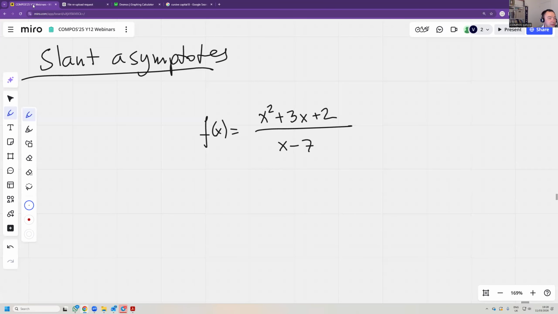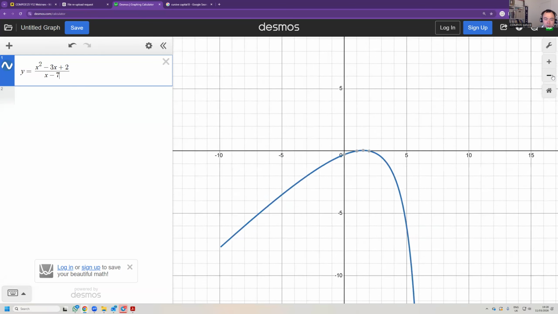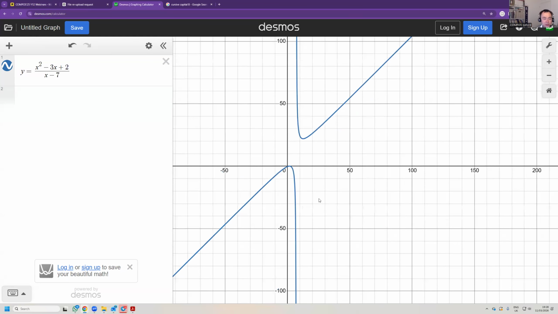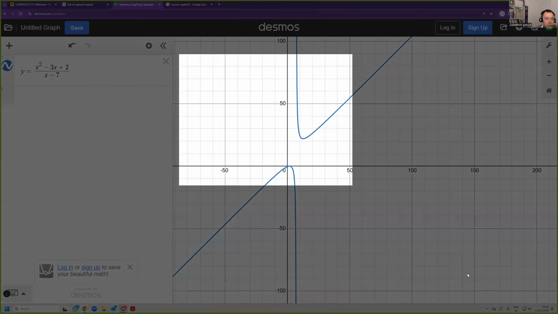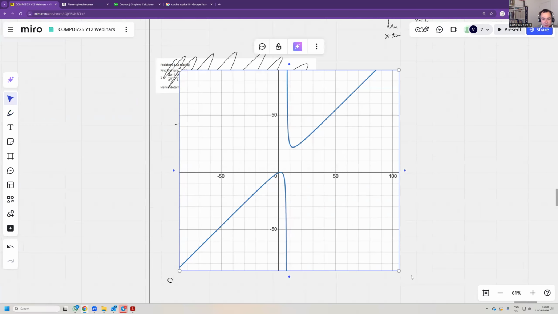So this graph has two asymptotes. One is a vertical asymptote and one is a slant asymptote.